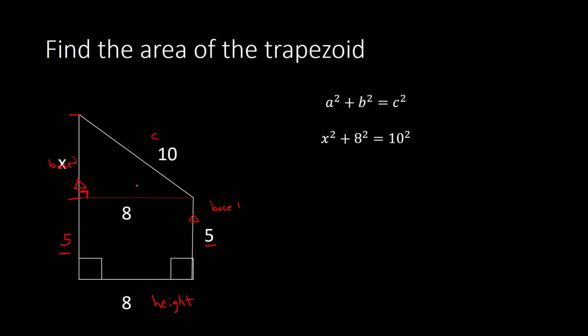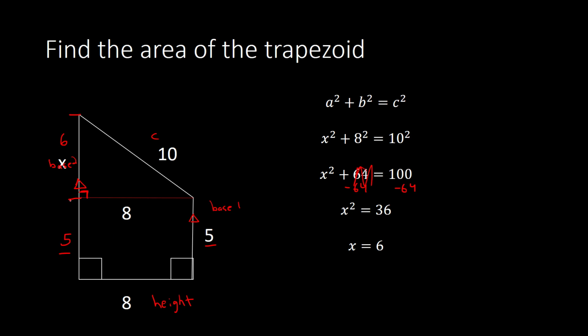So now I have x squared plus 64 equals 100. So x squared can be solved by subtracting 64 from both sides. So now we have x squared equals 36. And then take the square root of both sides, which gives me x on the left, and then square root of 36 gives me 6 on the right. So I have solved this length to be 6.